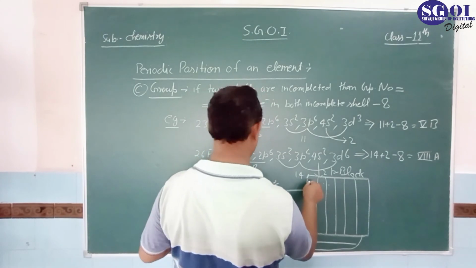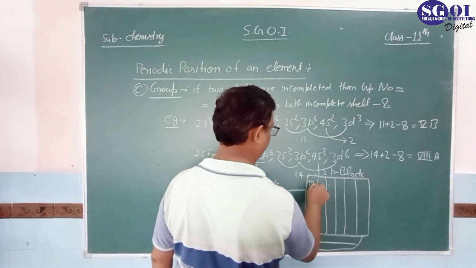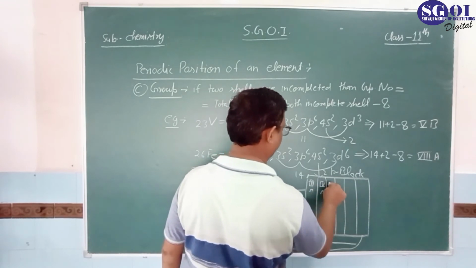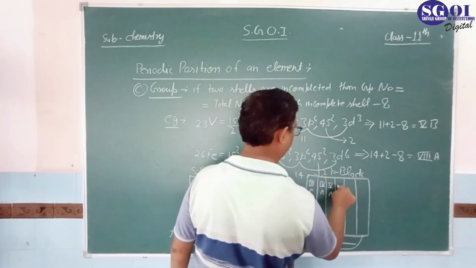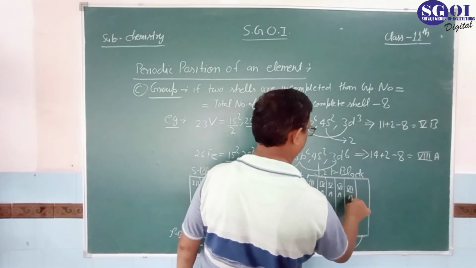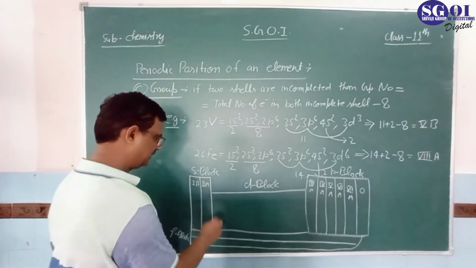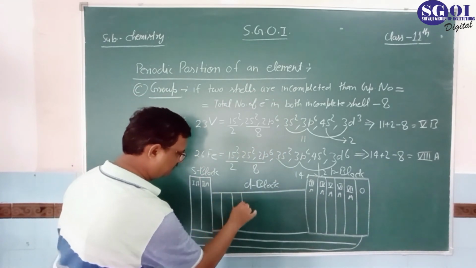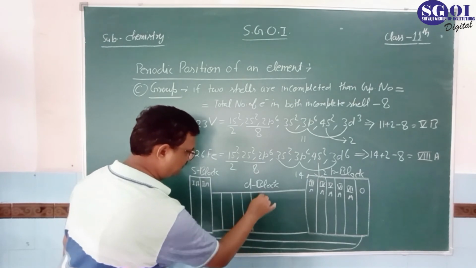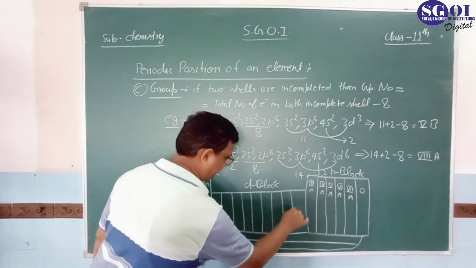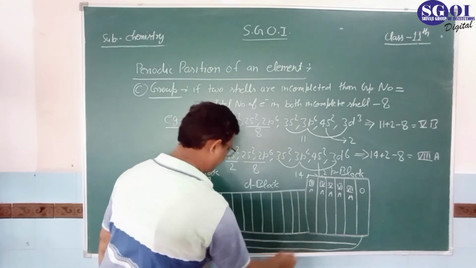This is the third A, fourth A, fifth A, sixth A, seventh A and 0. D contains 10: 1, 2, 3, 4, 5, 6, 7, 8, 9 and 10.